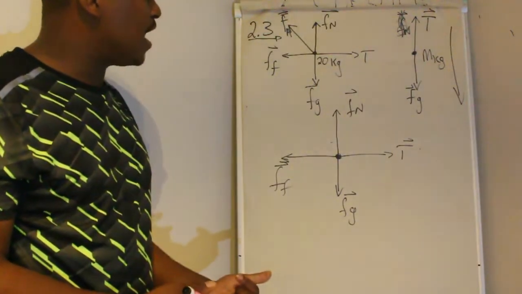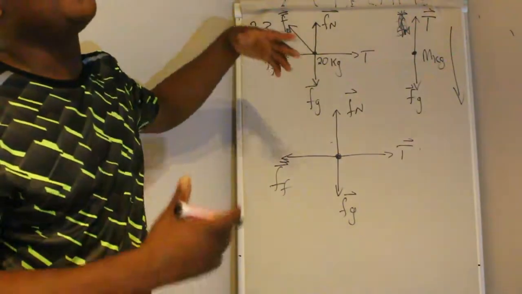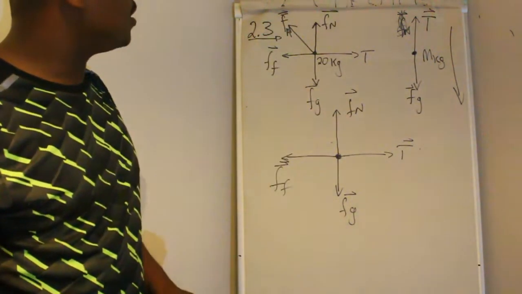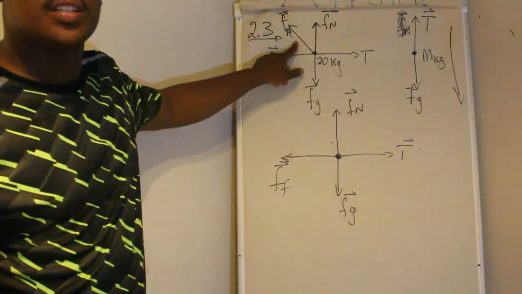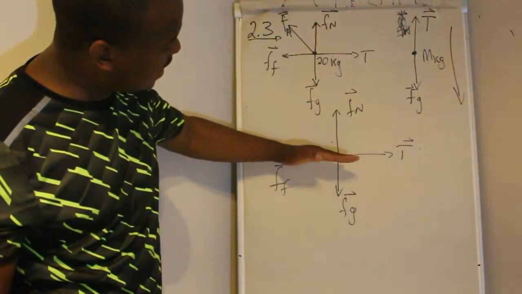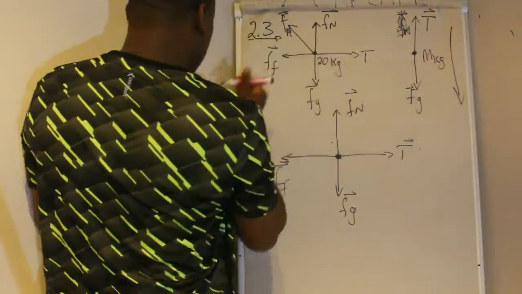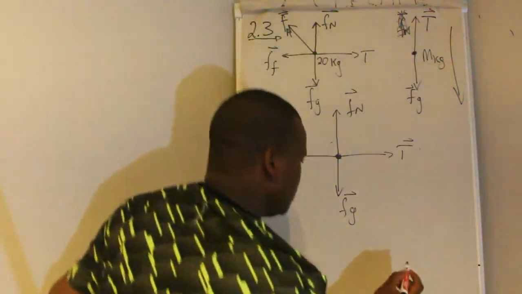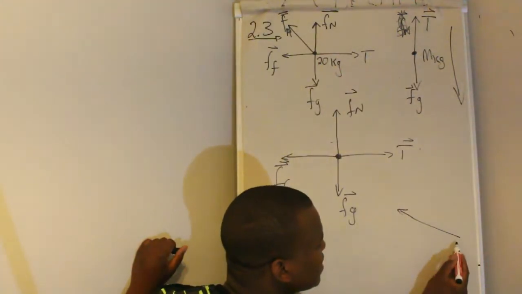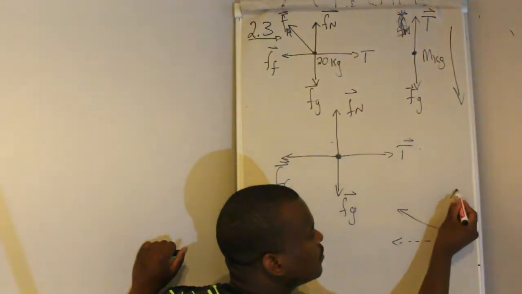So what you want to do now is to draw this again such that it is either parallel or perpendicular to the surface. On this one, you decompose it or break it down such that you have a parallel and a perpendicular part. If you look at this arrow, let me draw it down here, you can see that it's moving in this direction, and it's also going up as well.